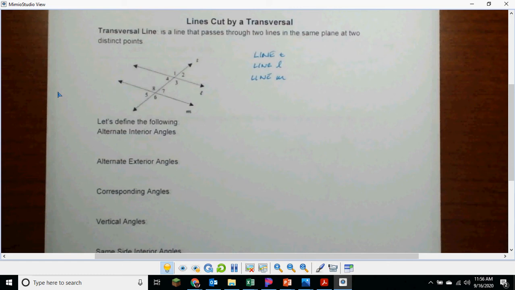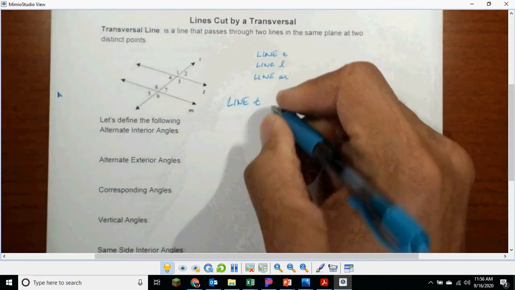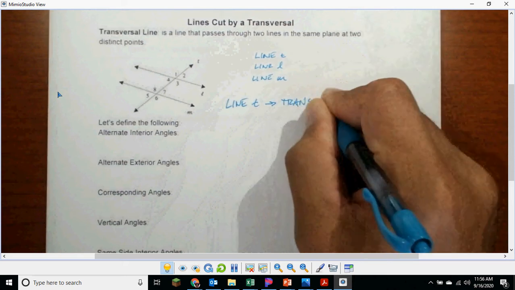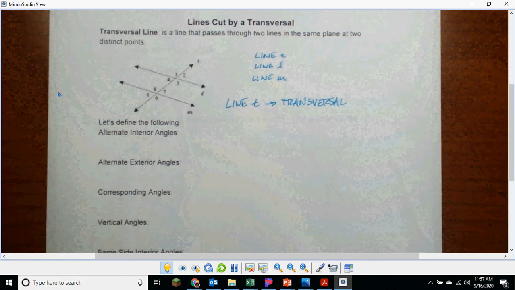A transversal is simply one line that passes through two lines. So in this case, line T is the transversal because it's the one that crosses line L and line M.